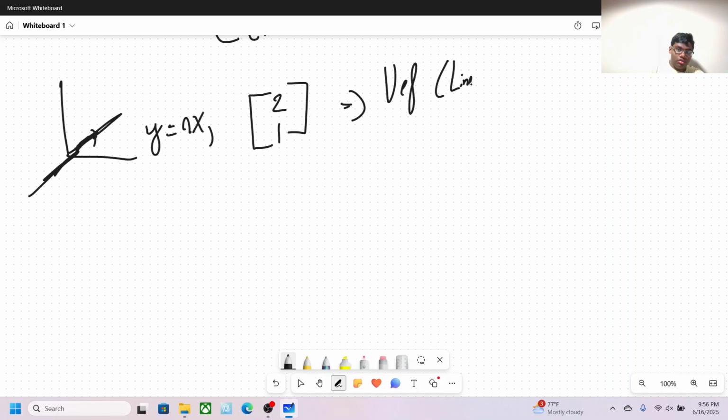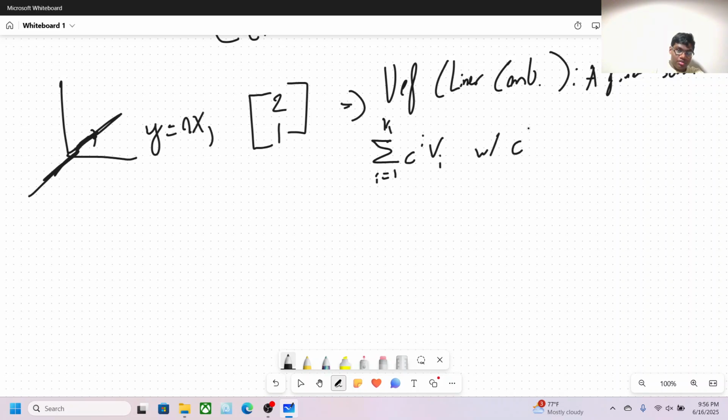Definition, linear combination. A finite sum, finite is important here, of the form the sum from i equals 1 to k of c_i v_i, with c_i in R and v_i in V, is called a linear combination.